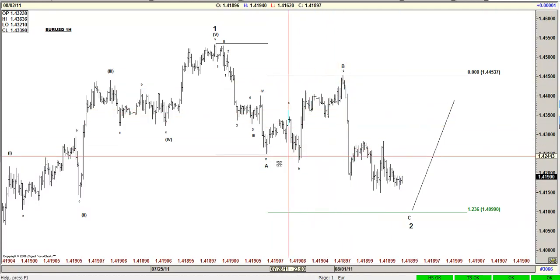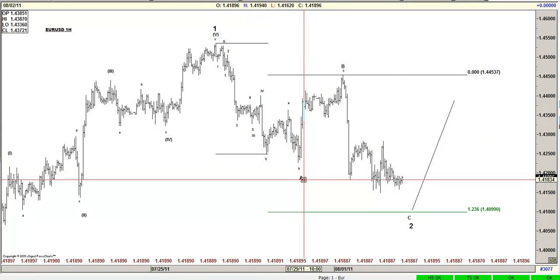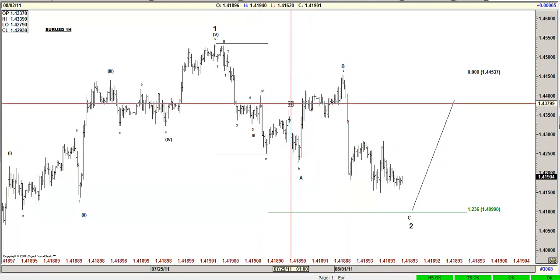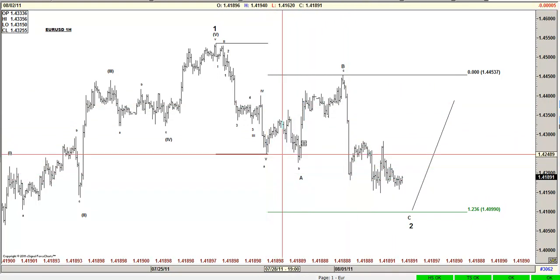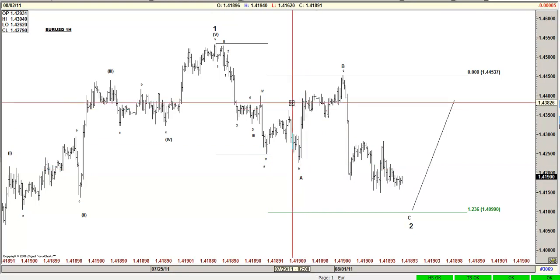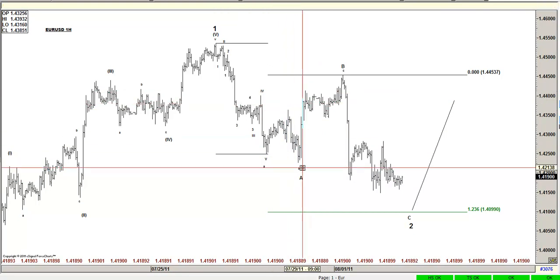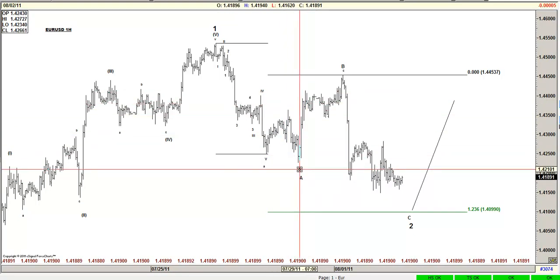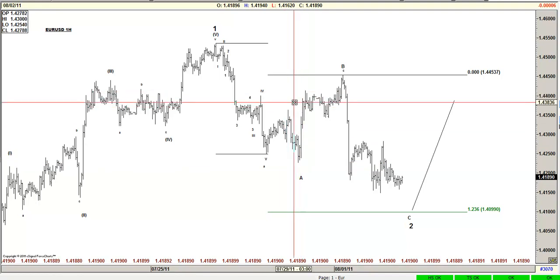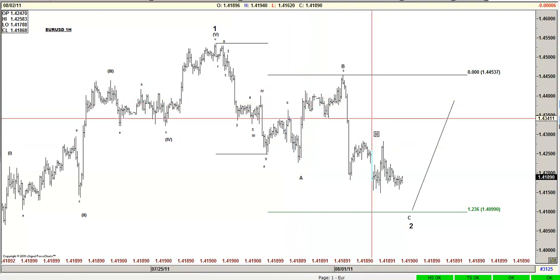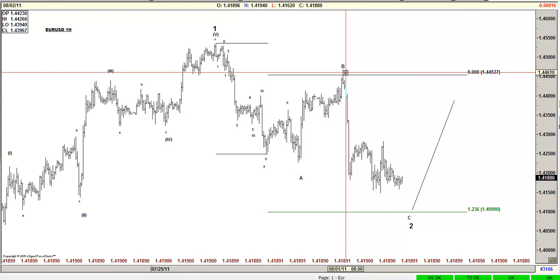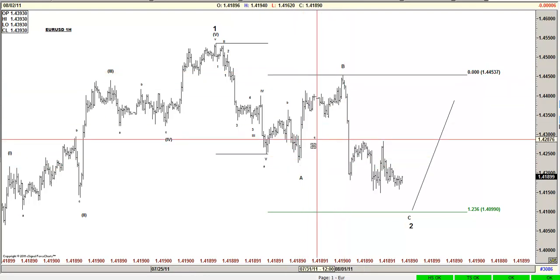So it can be something like this become A, this become A of less degree, this B right here, and then this is Z.